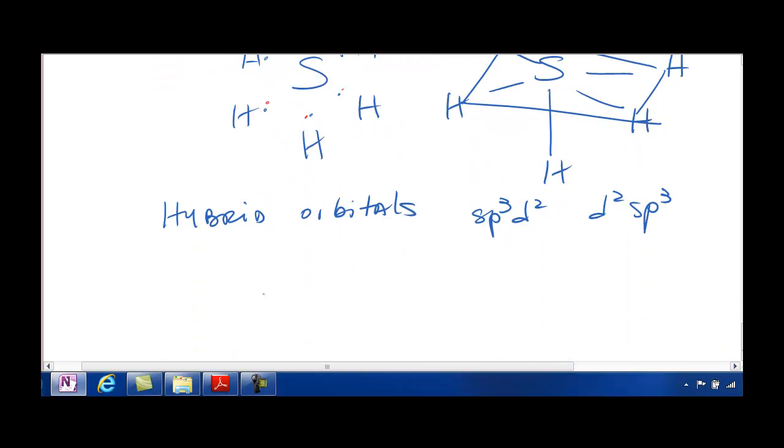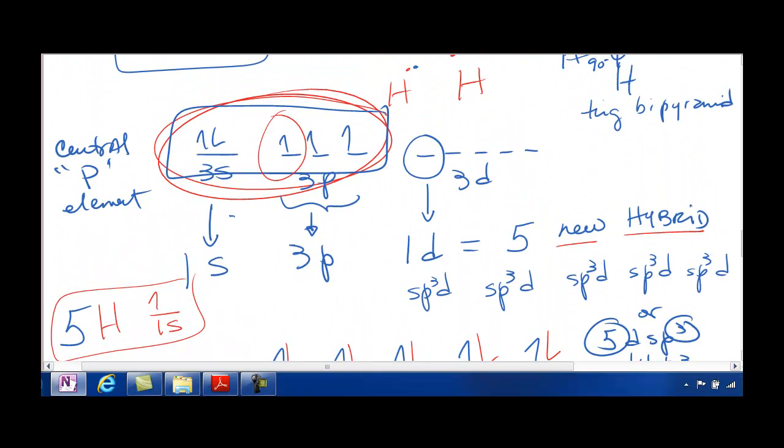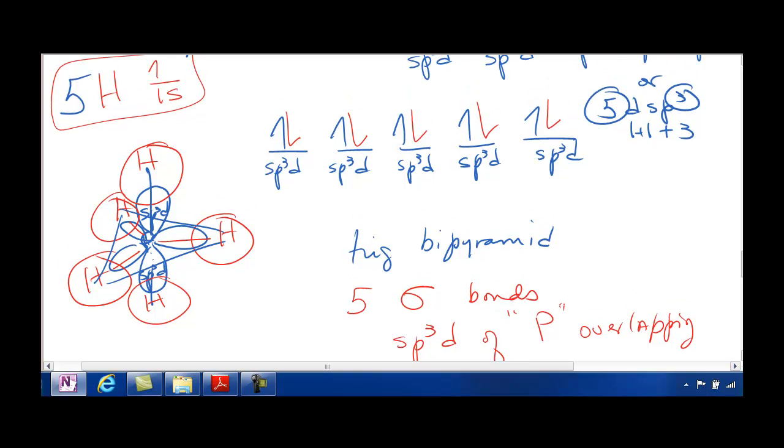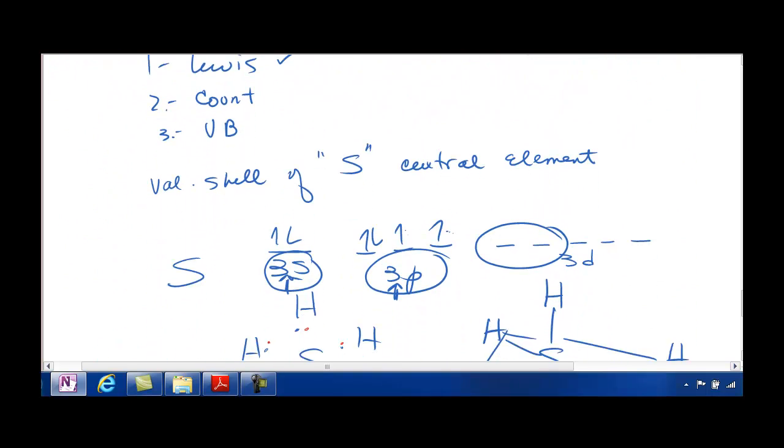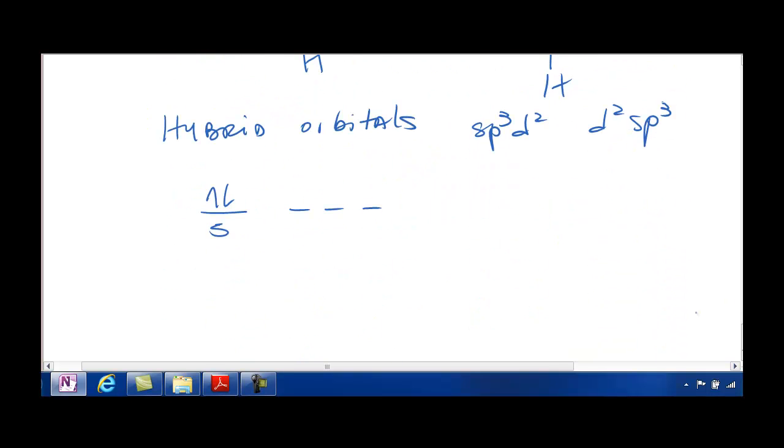Okay, so now I have my s with 2, my p for sulfur is p4. Okay, so I have S2P4. I'll rewrite it. 1, 2, 3, 4. This is atomic, atomic for my sulfur.